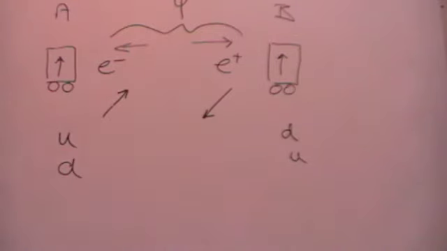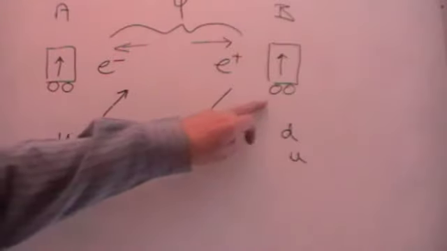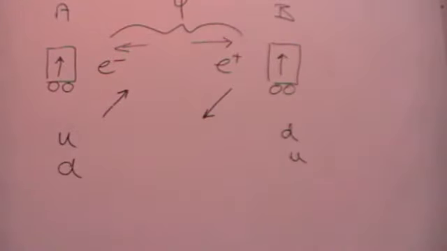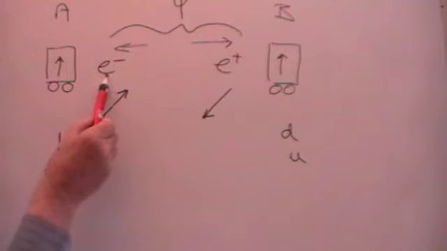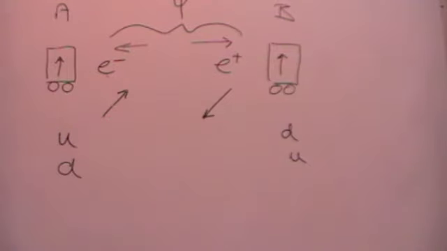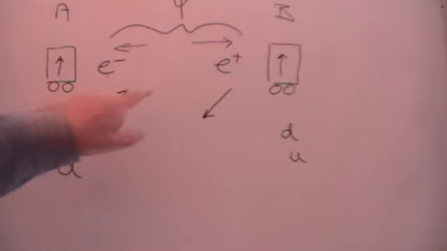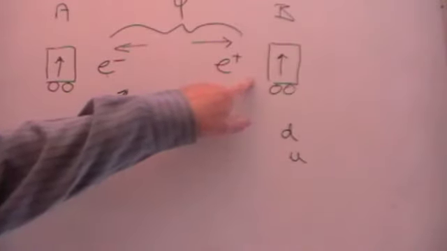He wanted to know how this particle could know what this particle had been measured. As soon as this particle is measured up, this particle will be measured down. Well, how could it know? There were only two ways Einstein could think of. The first was that somehow this particle sends a message to this particle instantaneously to say, I have been measured up, so you had better measure down.